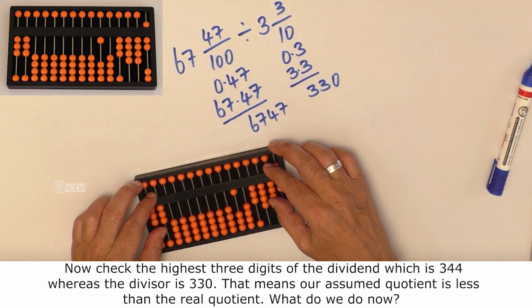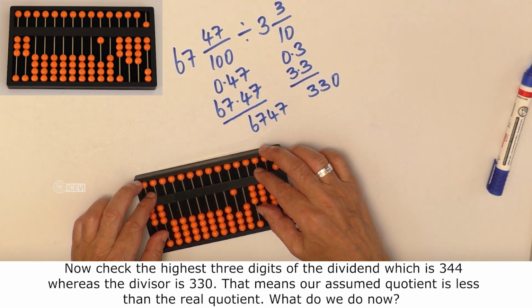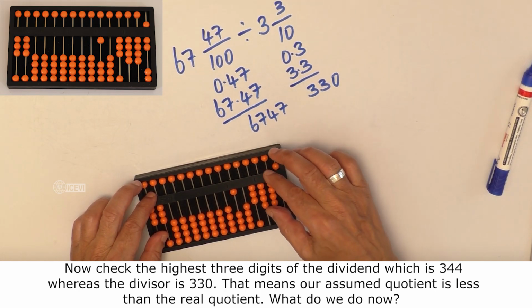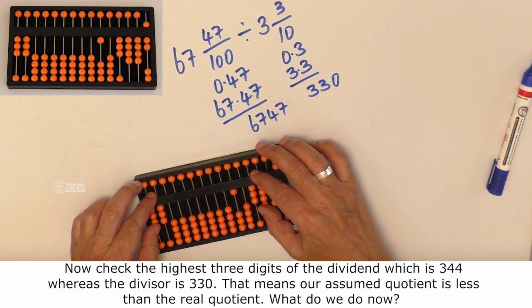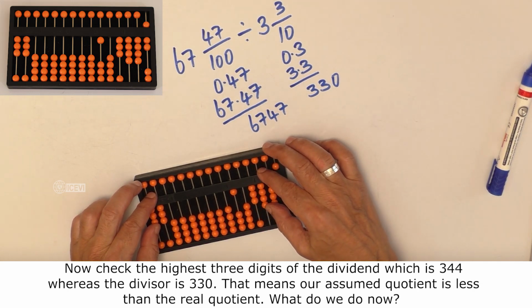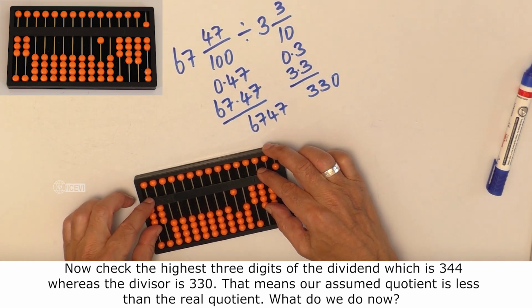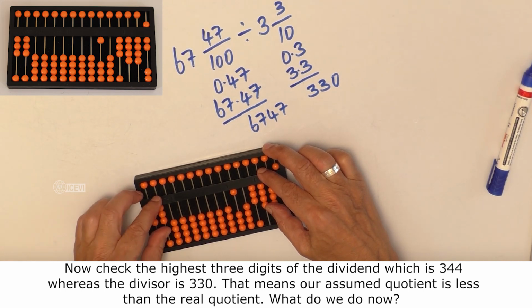Now check the 3 digits of the dividend, which is 344, whereas the divisor is 330. That means our assumed quotient is less than the real quotient. What do we do now?